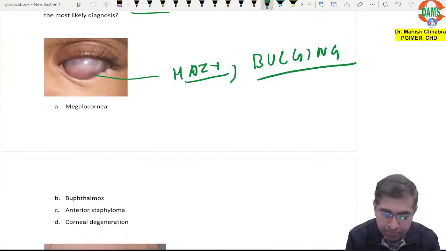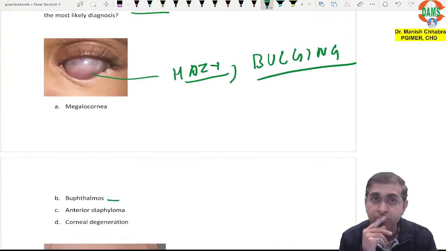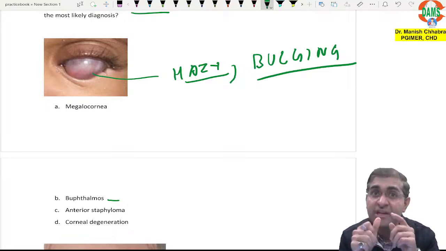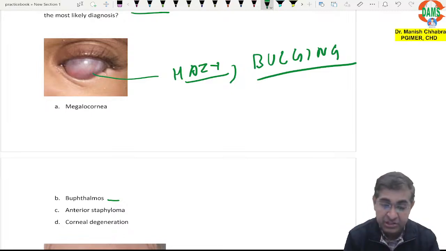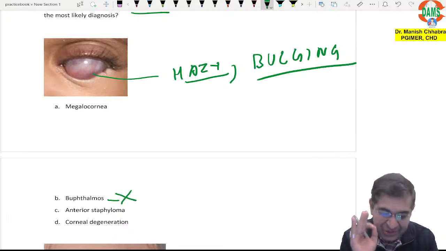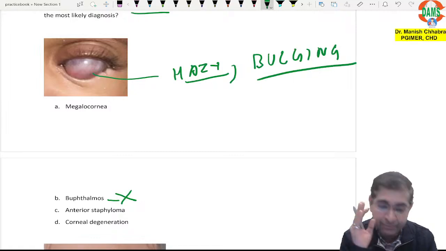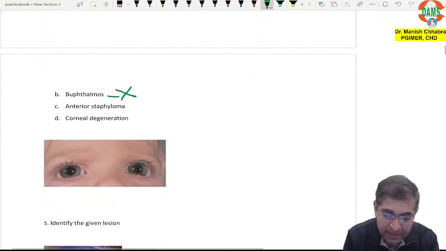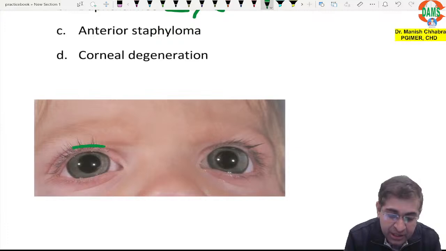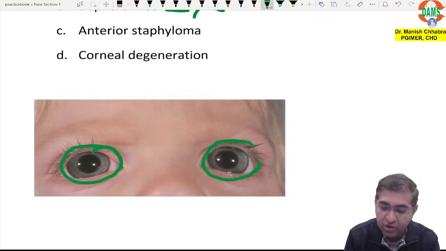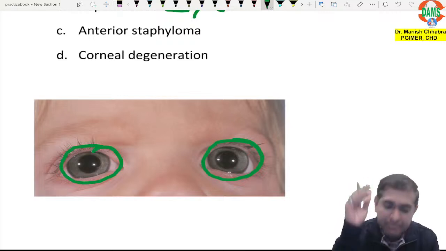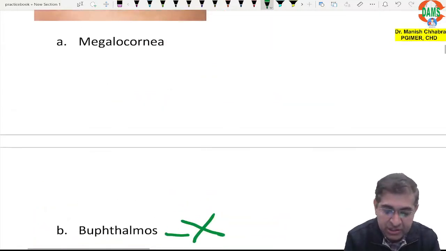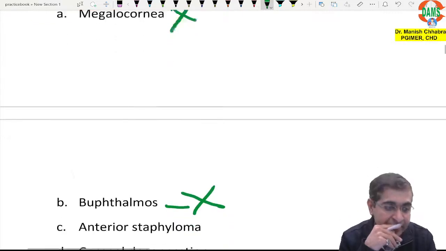So first is boophthalmos. Now boophthalmos, of course there can be ground glass appearance of the cornea. The cornea may be hazy, but it will not bulge like this. So boophthalmos is eliminated. Megalocornea is just the increase in size of the cornea, but it will not be hazy, it will not be bulging. So this is also eliminated.